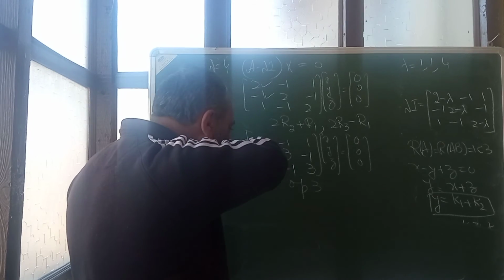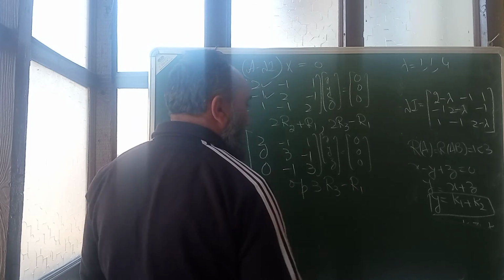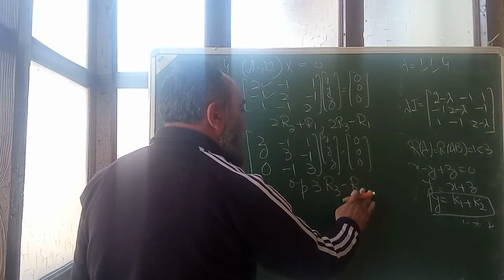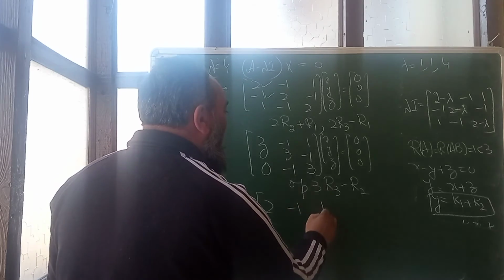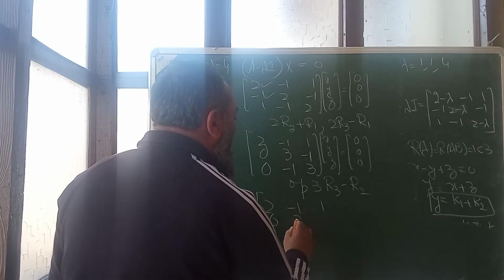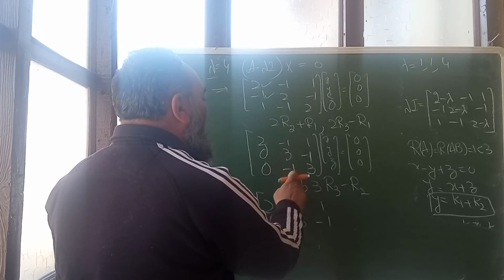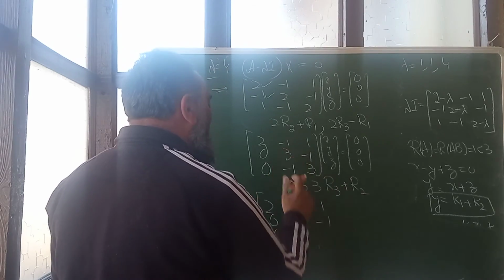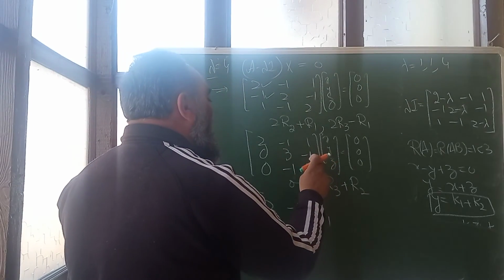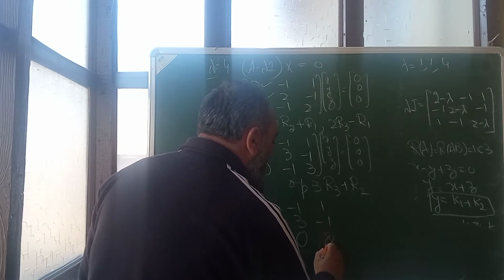So operate 3 times row 3 minus row 2, which is 2 minus 1 1, 0 3 minus 1, 0. This is 3, and let me add minus 3 and plus 3, it is 0. This is thrice, which is 9, so it is 8.